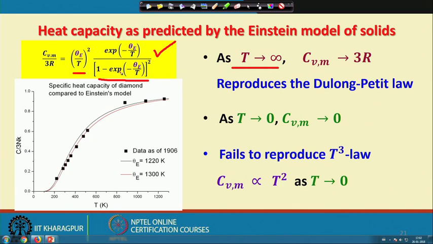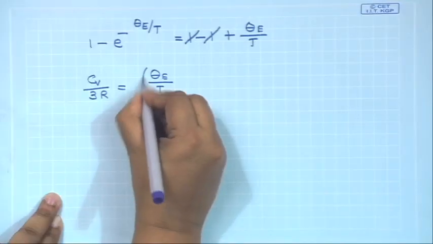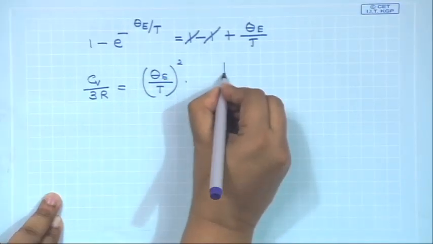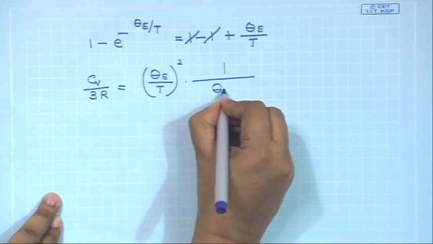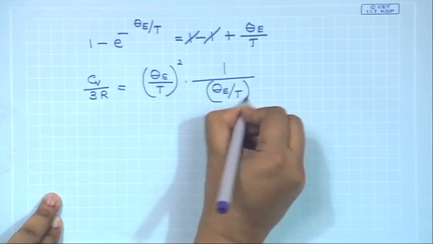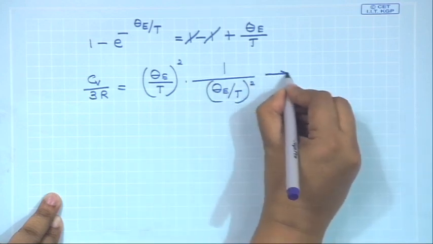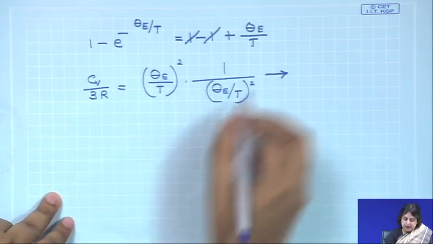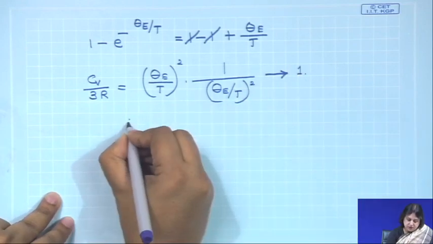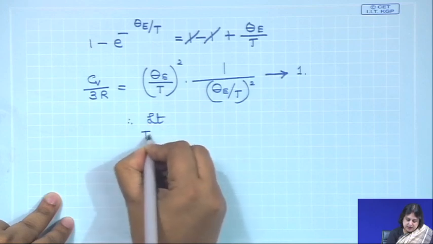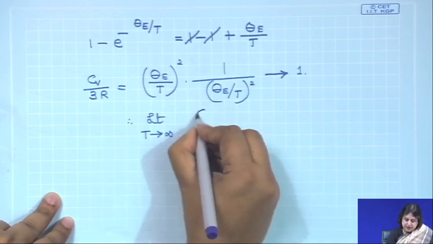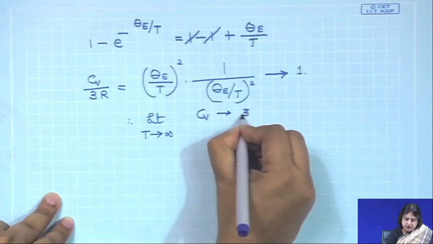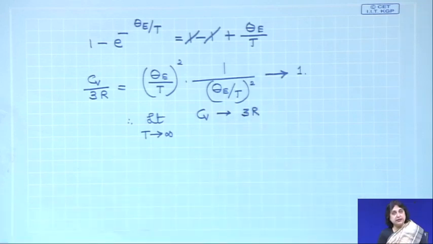So, in the expression for CV by 3R, now I have theta E by t whole square into 1 divided by theta E by t whole square, and therefore, in the limit where t is very high, this term goes to 1, which means in the limit t tending to infinity, I must have CV tending to 3R. Now, that is a successful reproduction of the Dulong-Petit law.